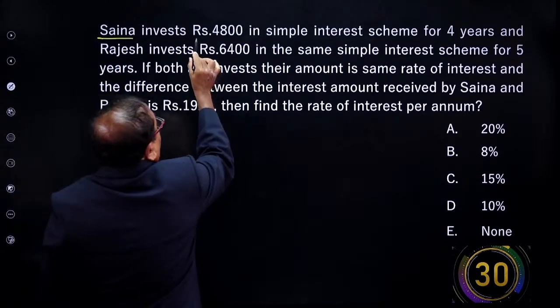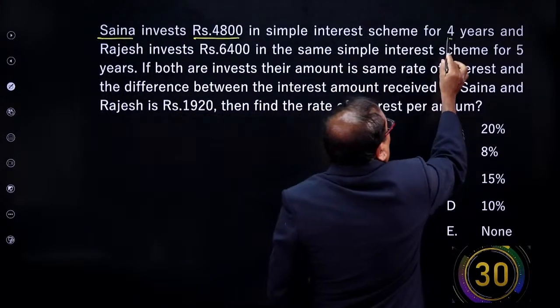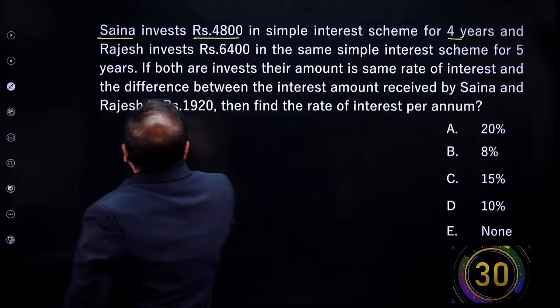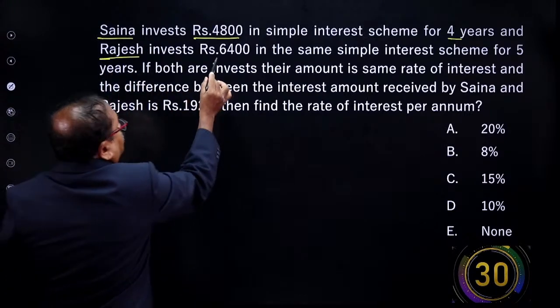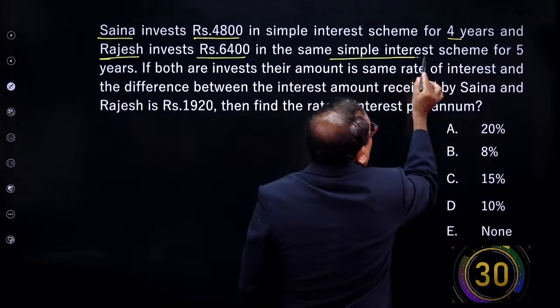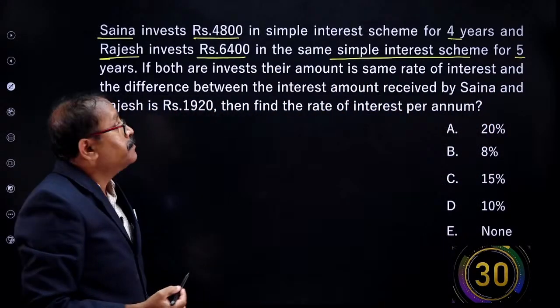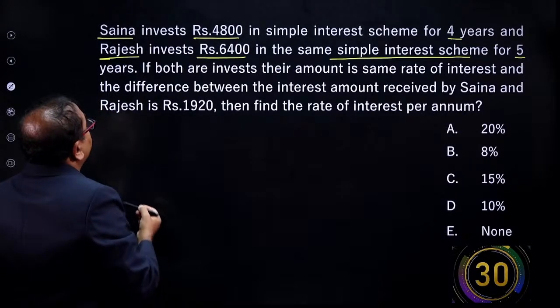Saina invests rupees 4,800 in simple interest for 4 years, and Rajesh invests rupees 6,400 at the same simple interest scheme for 5 years. ठीक है? Information is clear.